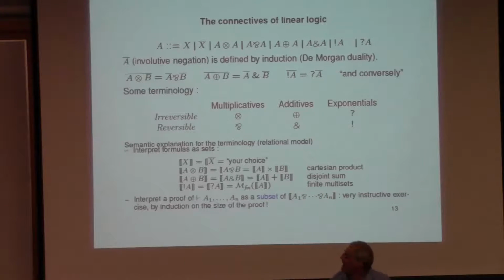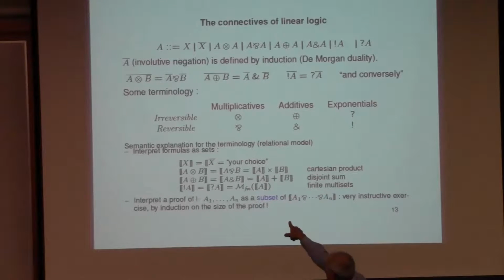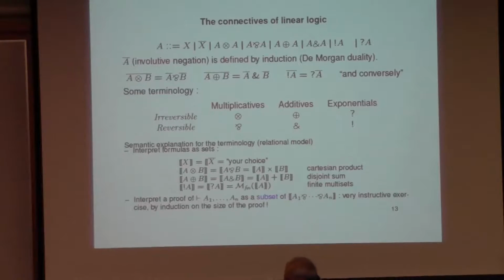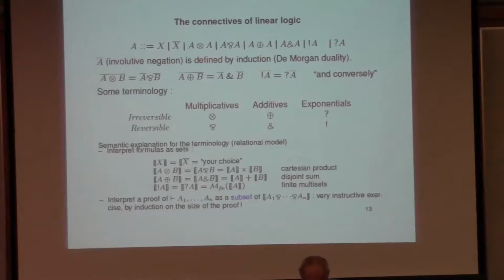That means that of the two multiplicatives, one of them is irreversible, the other is reversible, and the same for additives. Okay? So again, the distinction that will matter for us is between irreversible and reversible, and we will really exploit it when we come to this line in the lecture, when we discuss focalization.